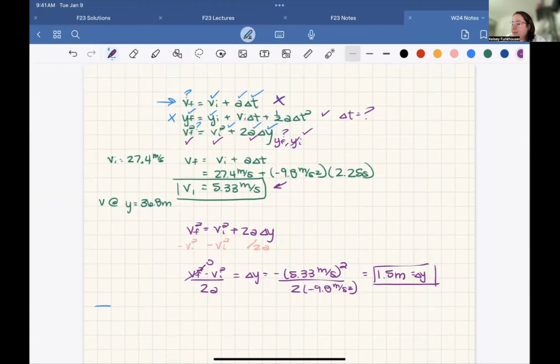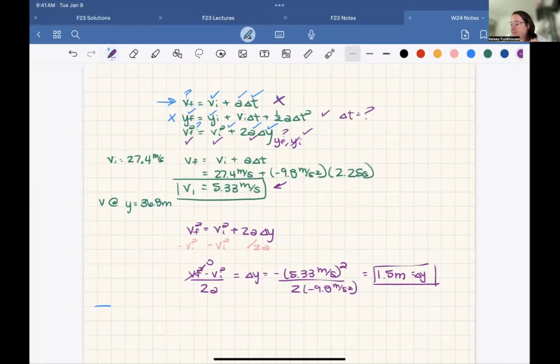So we looked back at the kinematics equations, and for that one, the initial velocity we know now. Look at the blue for this part. We used this first equation because we only didn't know the final velocity, and we didn't have to do any algebra to solve it. So that gave us 5.33 meters per second.